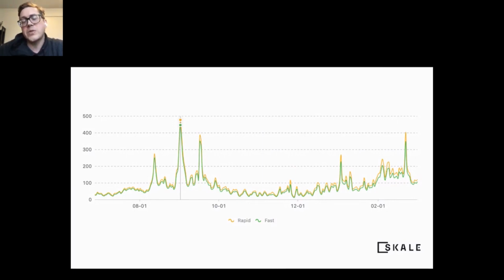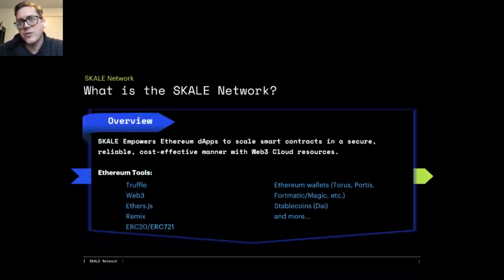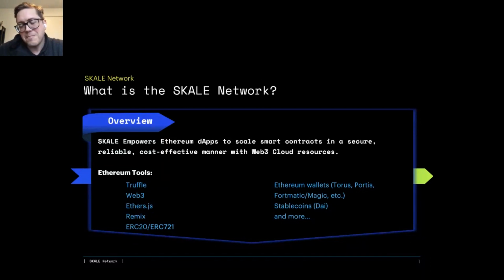Similar to the Web 2 world, where people who are developing SaaS services and different websites and functionalities can easily use Web 2 cloud resources like instances and droplets, SKALE Network is providing Web3 cloud resources such that if you're developing an NFT or a game or a more complicated financial application using Solidity, you can get the resources that you need to run not only your application, but to also engage your end users in a way that reduces the concerns around gas costs.